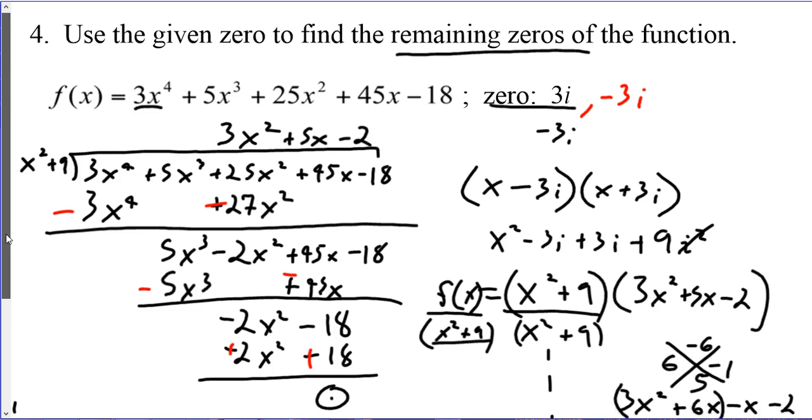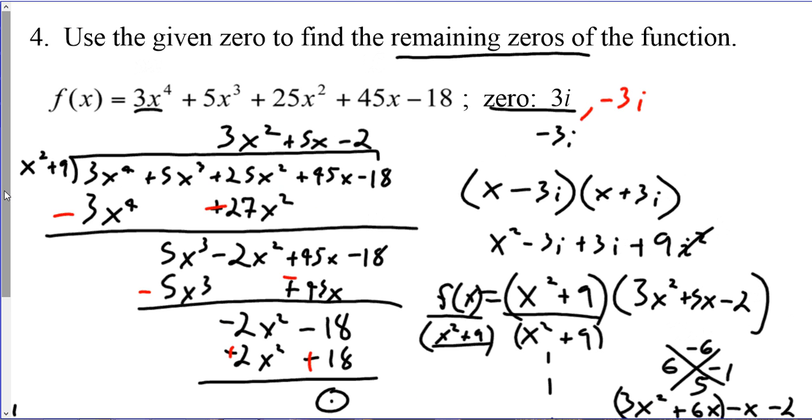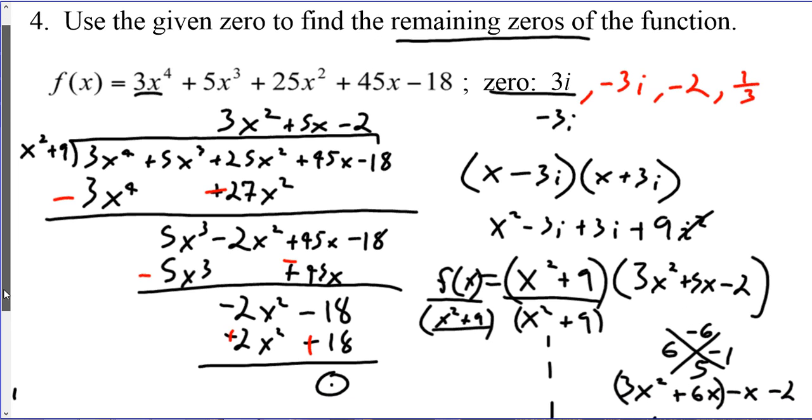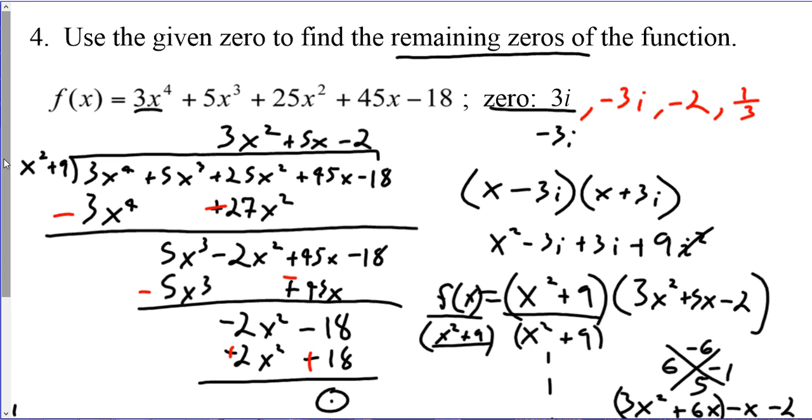And after I factored out the others, this is going to give rise to x being equal to negative 2, and this one being where x is equal to a positive 1/3. And that will give me my 4 zeros for this 4th degree polynomial.